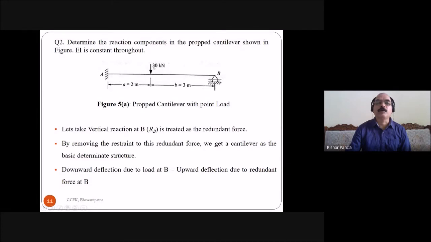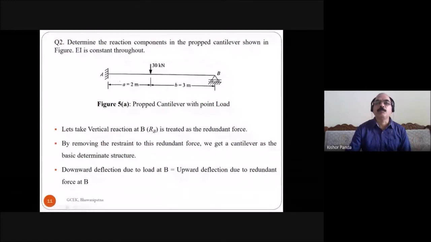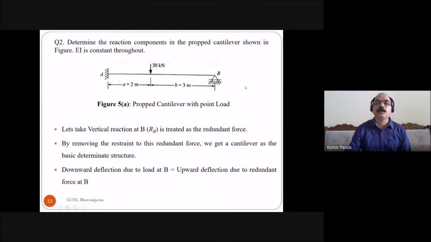You have to find the downward deflection at B due to the loading, and the upward deflection at B due to the redundant force. Then the net deflection is 0, that is, upward deflection is equal to downward deflection. Then you can find the reaction at the propped end, that is the redundant force.